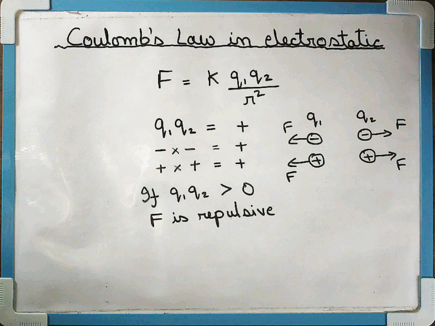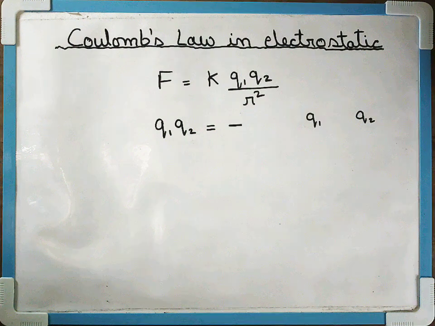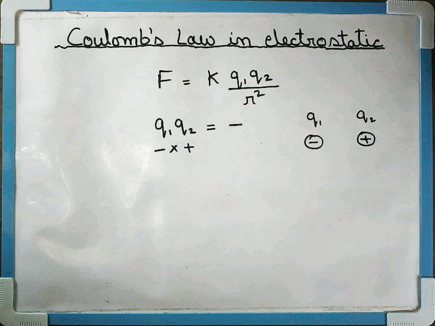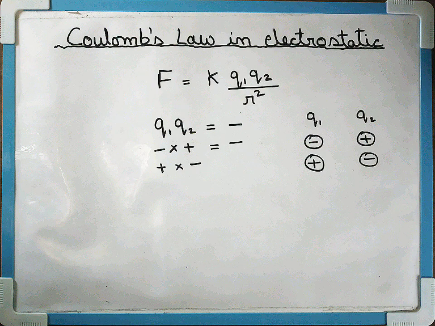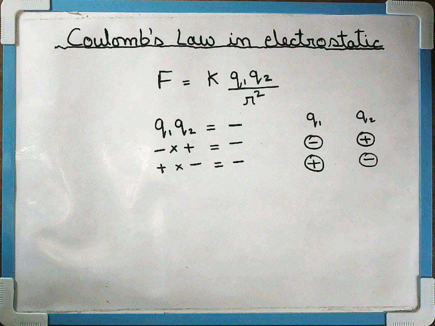Then again, if we take this product Q1 into Q2, and if this turns out to be negative, then this means that either Q1 is negative and Q2 is positive, or Q1 is positive and Q2 is negative. So if you take a product negative positive, what you'll get? Negative. And positive into negative, that also will get negative.